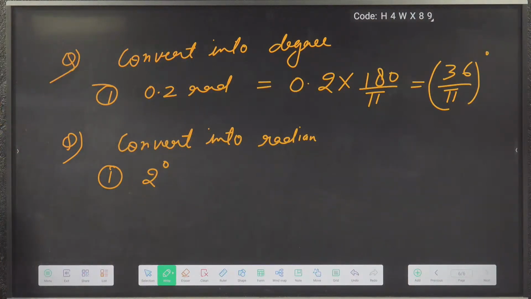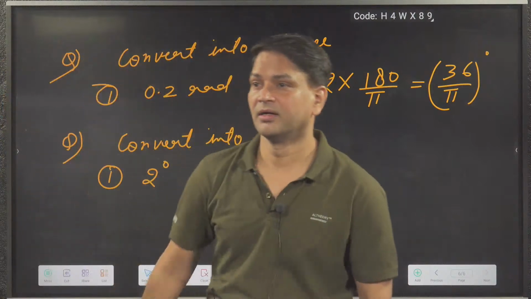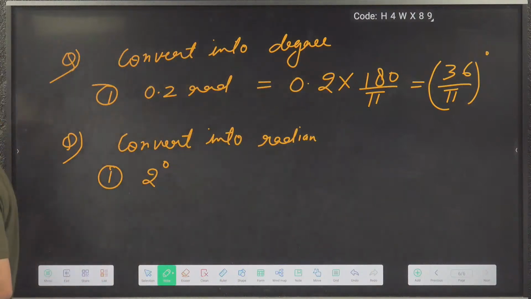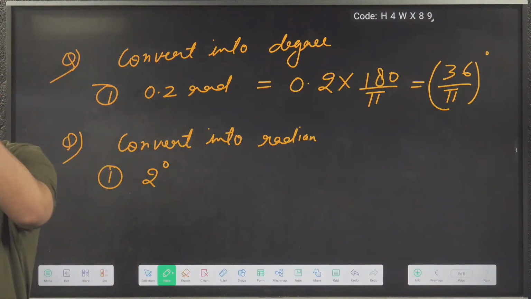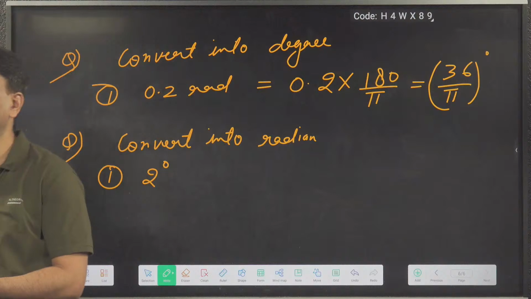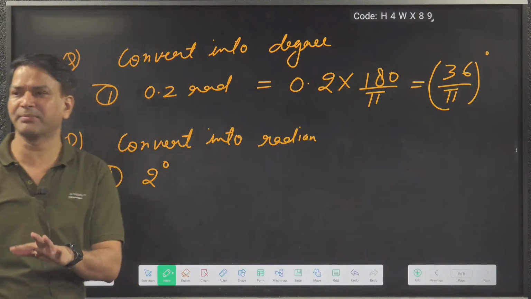Tell fast. 2 degree is equal to how much radian? You have to convert 2 degree into radian. So degree to radian, the magnitude will decrease, so the multiplication factor is pi by 180.